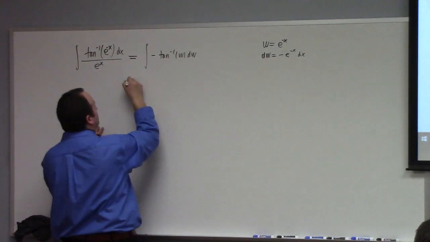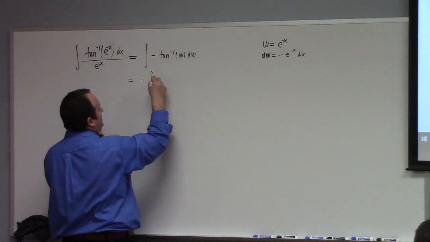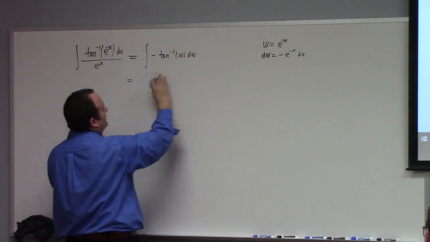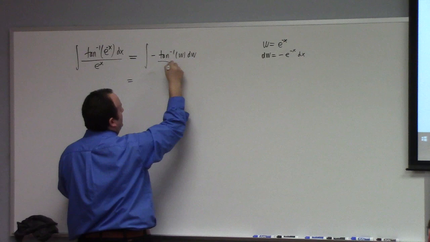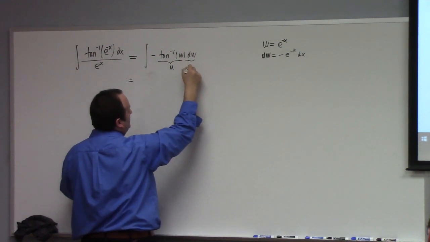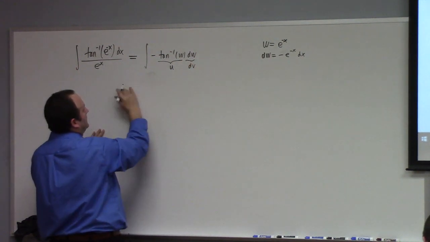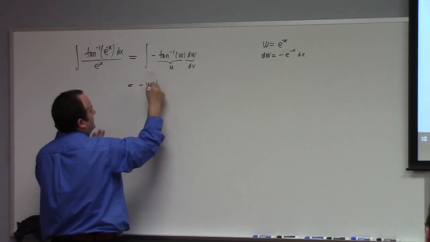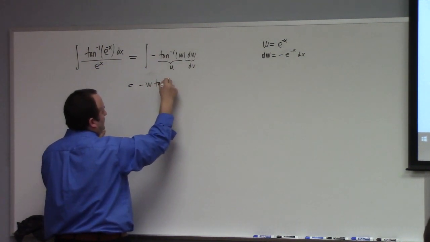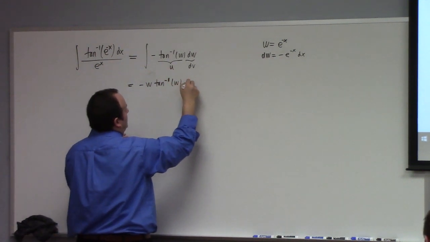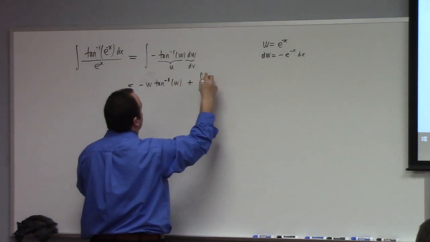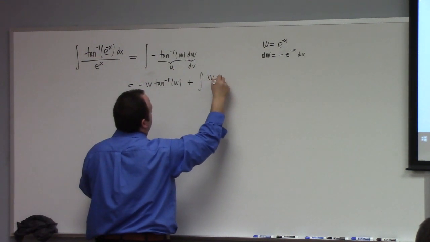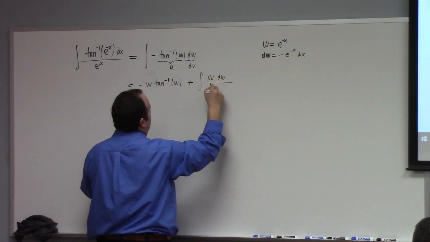So this one, minus the integral. So what should I make here? That's my u. This is my dv, right? So I have minus w inverse tangent of w plus the integral of v du, which is w dw over 1 plus w squared.